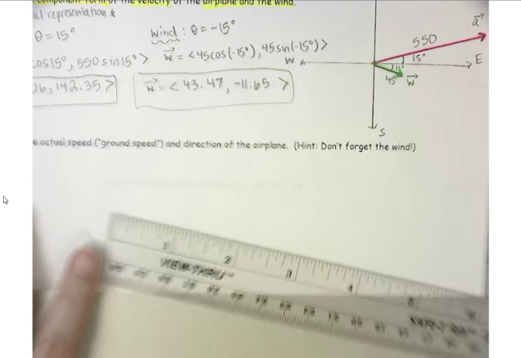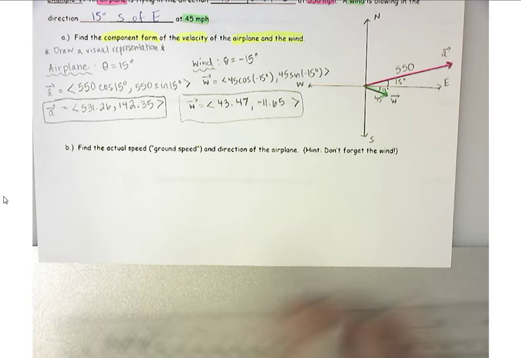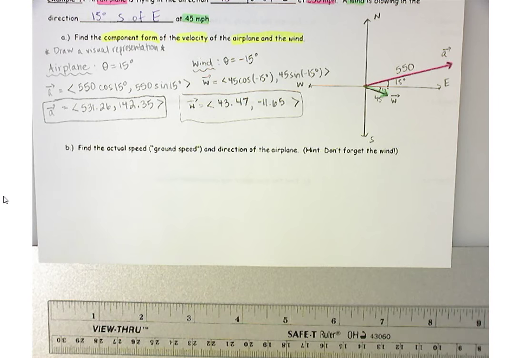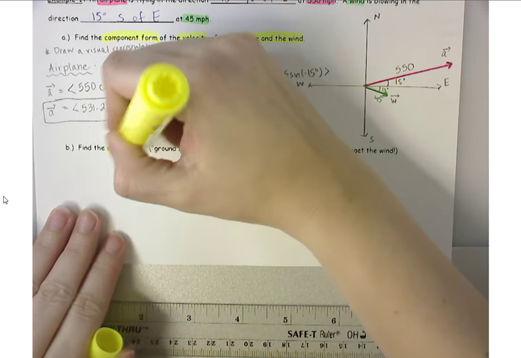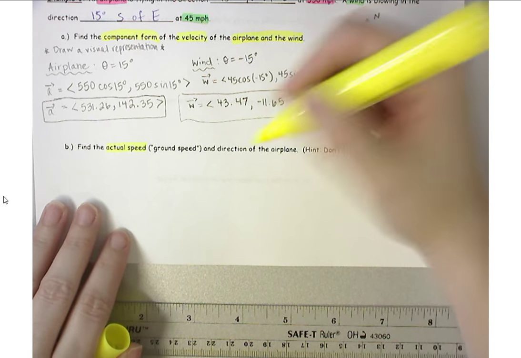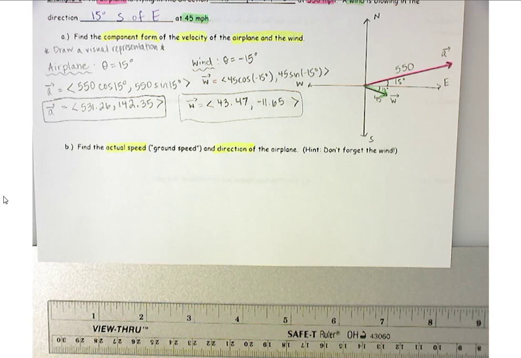Dylan, I'm going to have you tell me the next calculation. So for B, we are finding the actual speed, which is also known as the ground speed, and the direction of the airplane. I said hint, don't forget the wind.